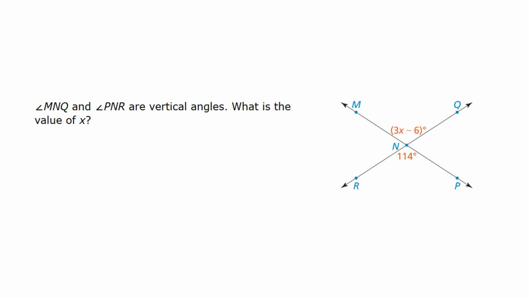Last example. This tells us MNQ. So remember, connect those points. MNQ and PNR are vertical angles.